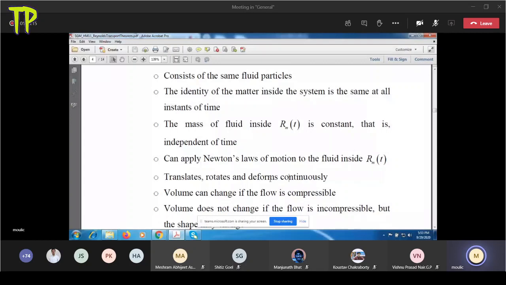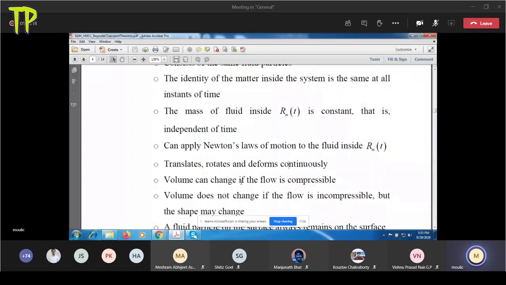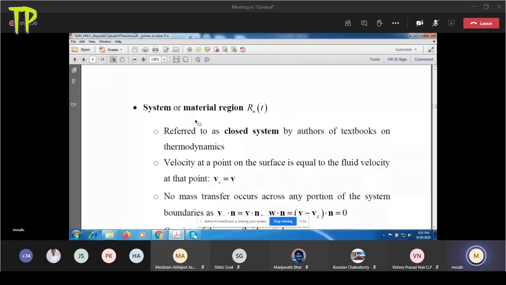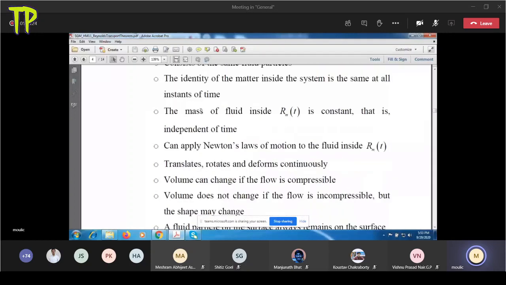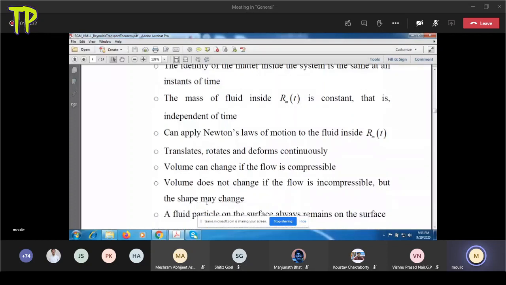Now, the volume enclosed by the material region could change with time if the flow is compressible, that is, the density can vary. But if the flow is incompressible, then the volume is conserved, but the shape may change.